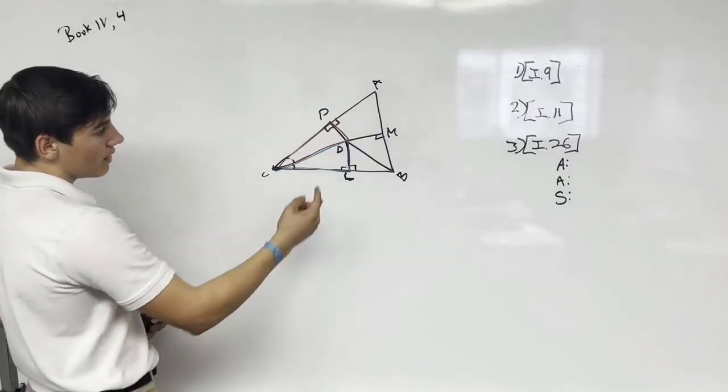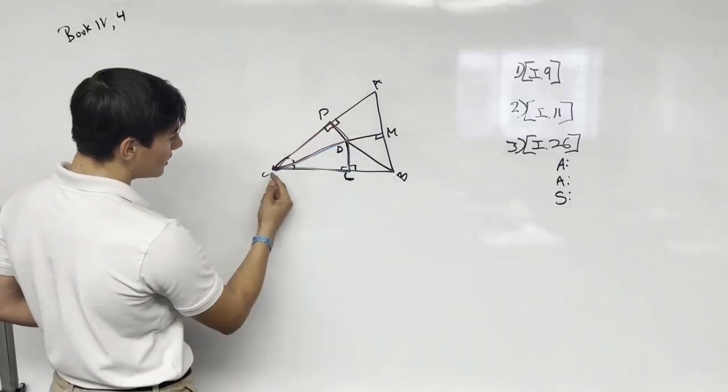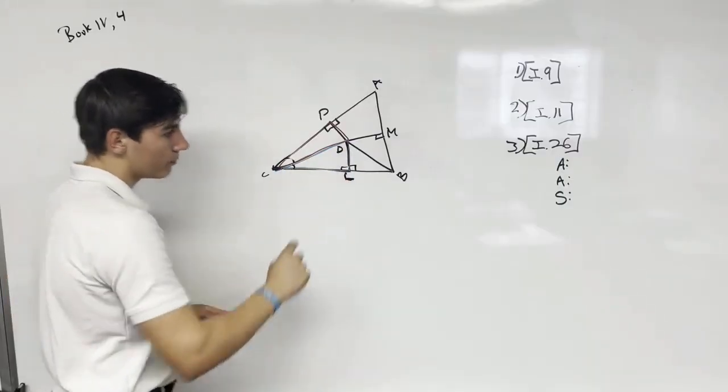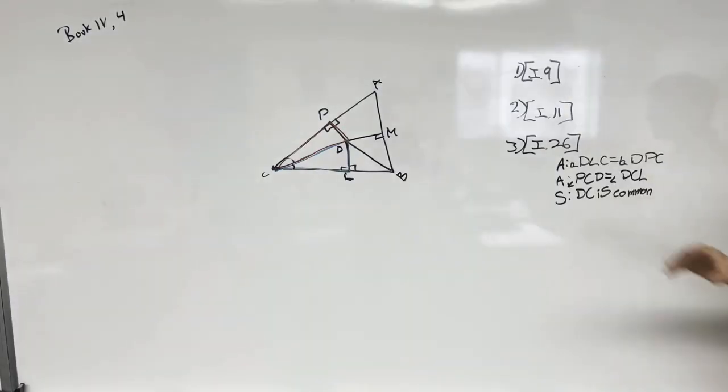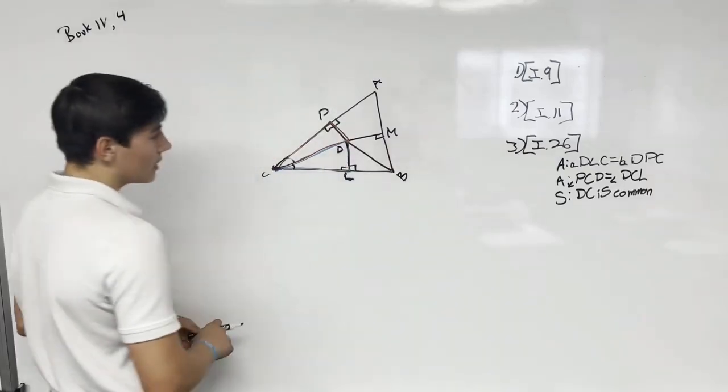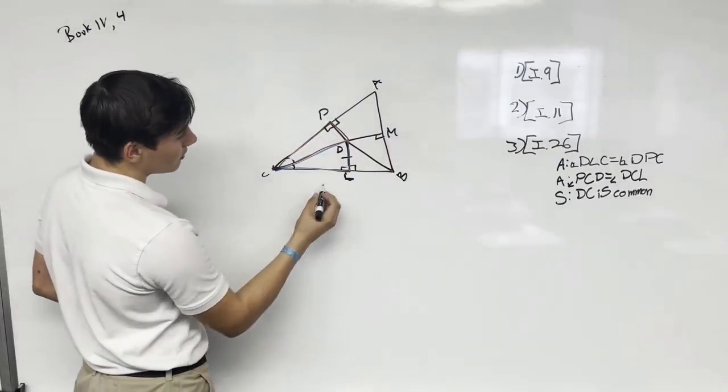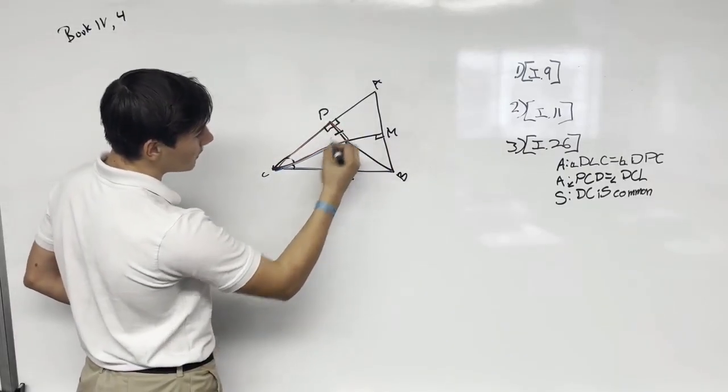Further, we have a common side here, DC, which applies to both triangles. Now that we know the triangles are equal, we know that all remaining angles and sides will also be equal. Therefore, we can say that the remaining side DL is equal to the remaining side DP.